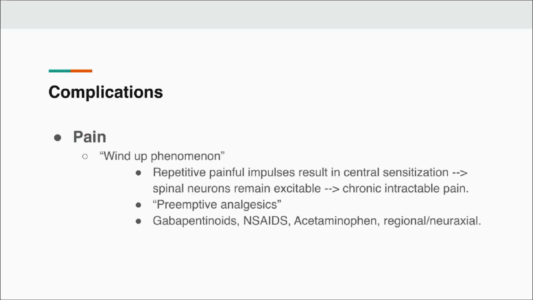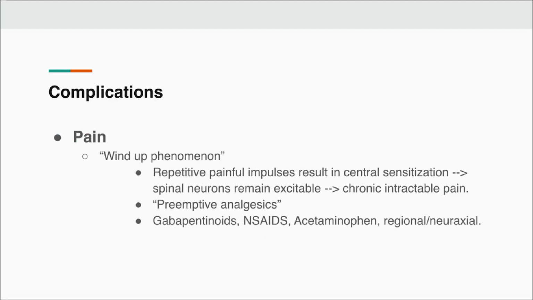An obvious complication that we see is pain. With the opioid epidemic, we're seeing a lot of changes in the way we treat pain, but there are some teachings. One of them being the wind-up phenomenon, and this may be hard to understand, but I'll give it a shot. It's when a patient has repetitive painful impulses, the spinal neurons become used to it or excitable, and this results in something called central sensitization and can lead to chronic intractable pain.